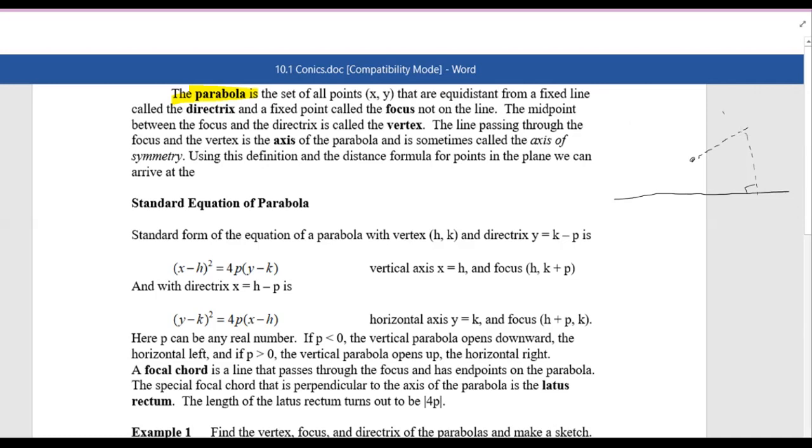So it's a set of all of those points. So the distances in here are the same.